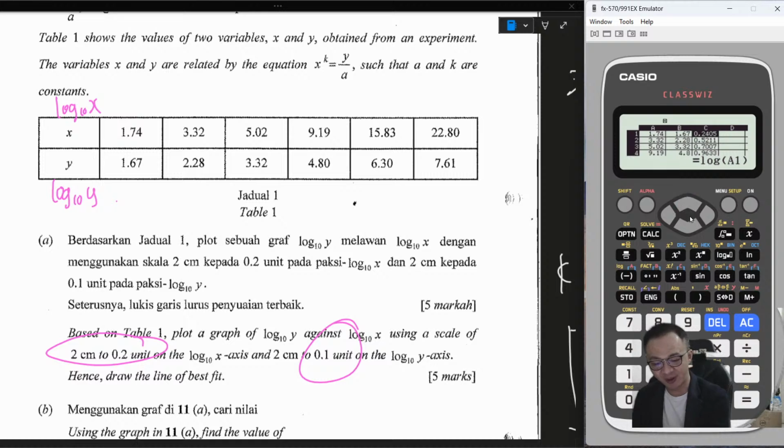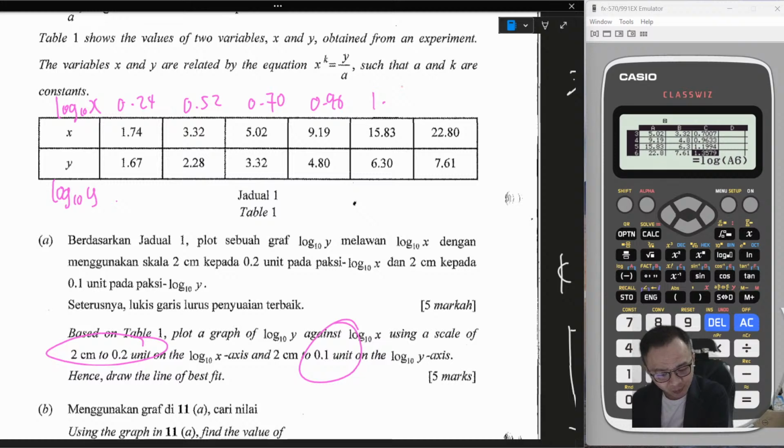Then I will just copy. So the first one is 0.24. Second one is 0.52. This is 0.70. This is 0.96. And the last two will be 1.20 and 1.36. And then the same thing, you can use your calculator log to test these values, is it correct? Then here I will do the same thing again.